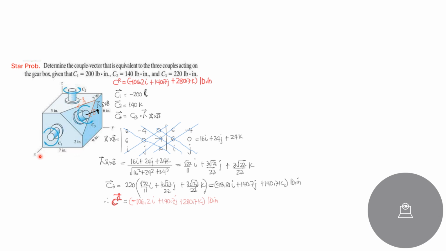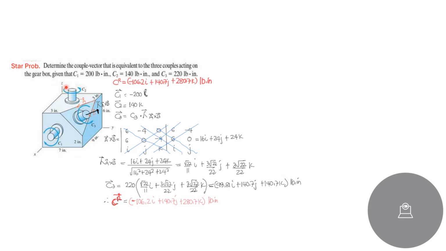So couple 1, the positive sense of moment is in that direction, and since it opposes in vector form, your right thumb would be towards this axis, so it is in the negative direction. So couple 1 in vector form is equal to negative 200i. Then couple 2 is positive.